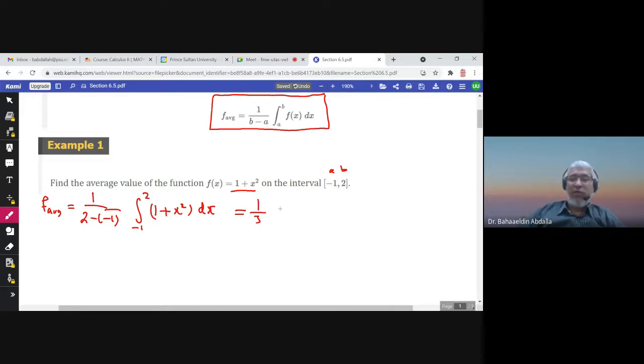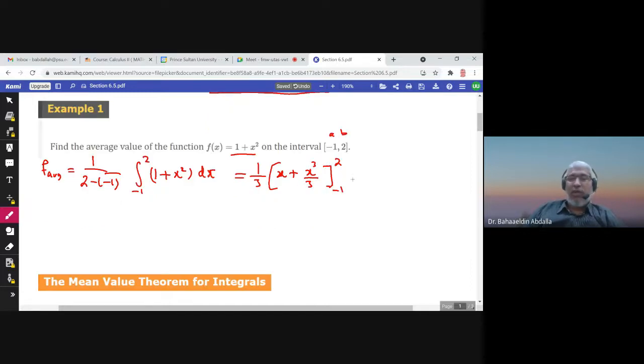Well, the integral of 1 is x. The integral of x squared is x to the power 3 over 3. And this is a definite integral, so we have to evaluate it from -1 to 2. So it is 1 over 3.